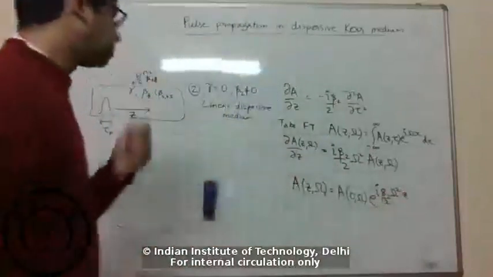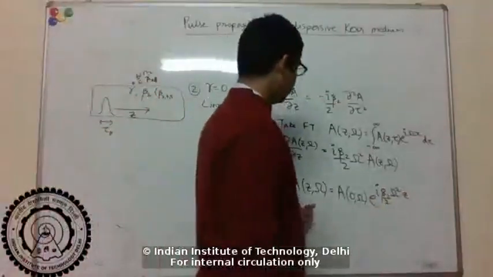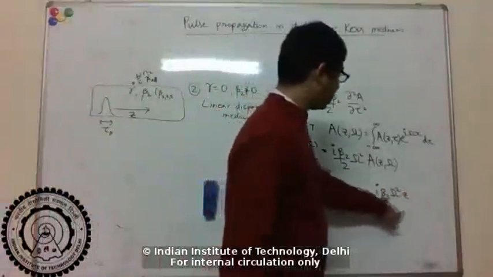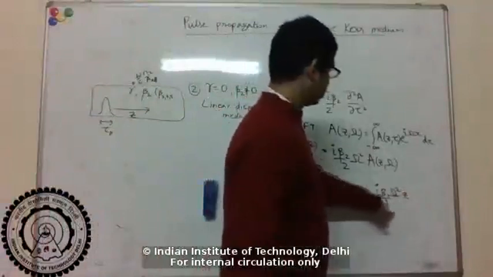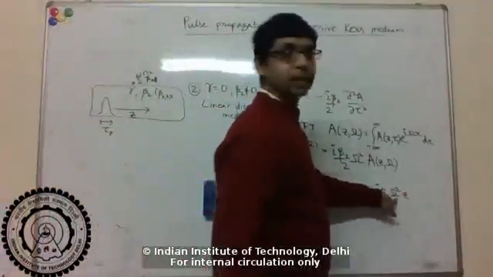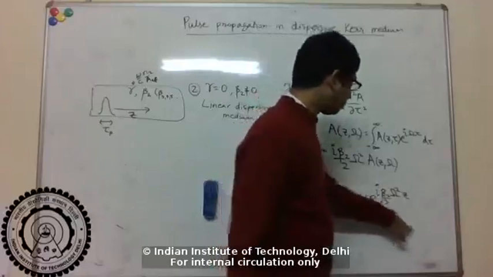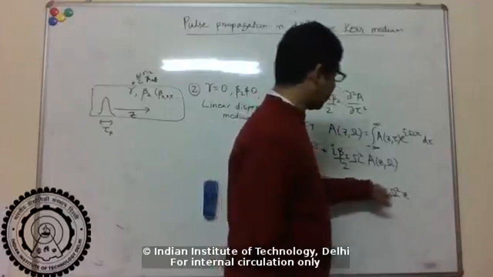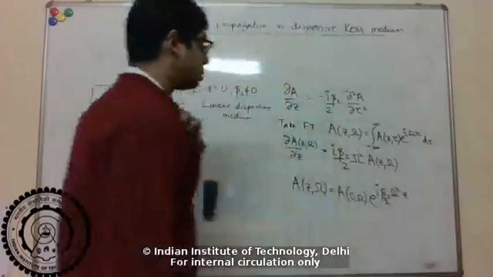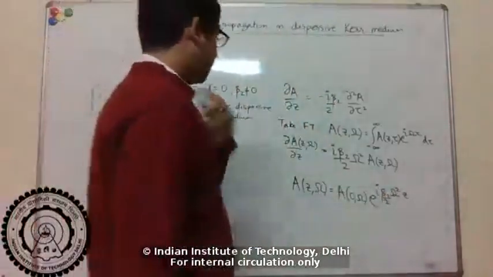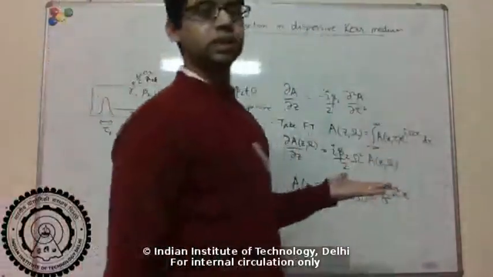Z. So you can see that what dispersion is doing is basically adding a phase which is frequency dependent, and to be more specific, it's adding a phase which is quadratic in the frequency, omega square, right? Basically this is the effect of different frequencies traveling at different speeds and acquiring different phases.